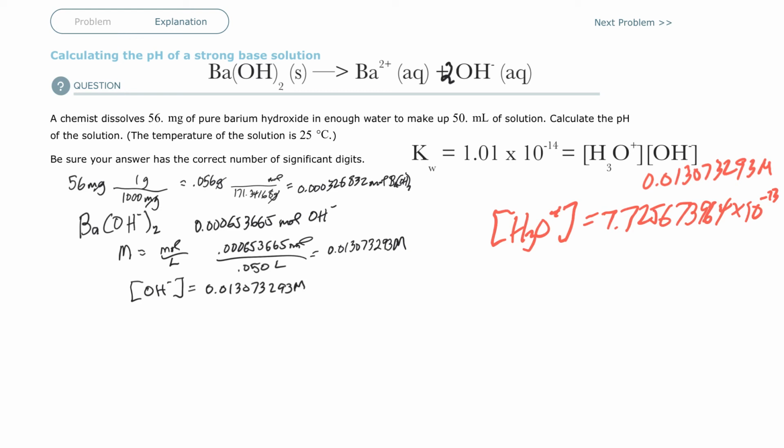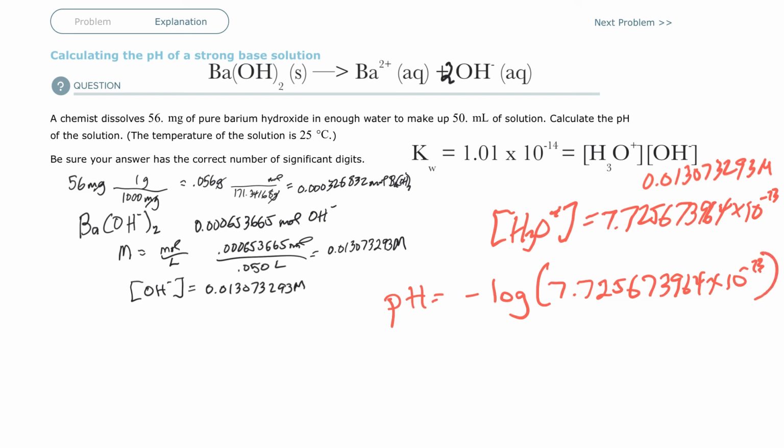Well, last step. What is the pH? The pH is the negative logarithm of the concentration of hydronium. So put the number in, push the LOG button, push negative. Okay, I end up with my calculator answer of 12.112063362.